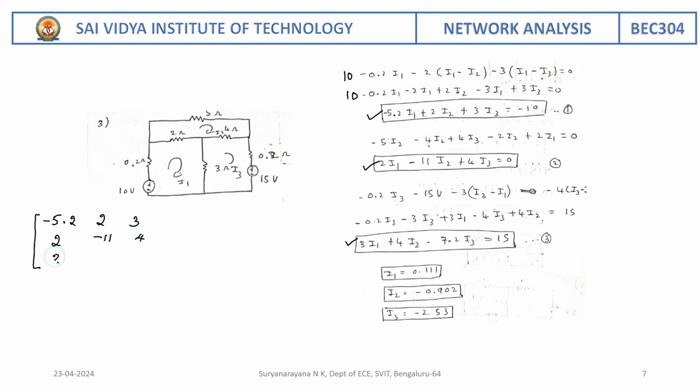Then here I have 3 and 4 and then minus 7.2. And here I have to write I1, I2, I3. So that is equal to the voltages present in this network. It is minus 10 according to this equation, 0 and 15.